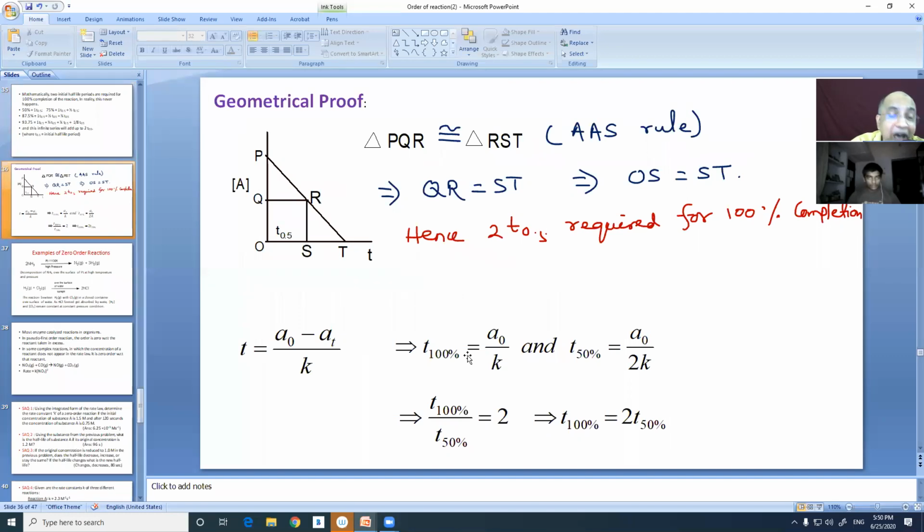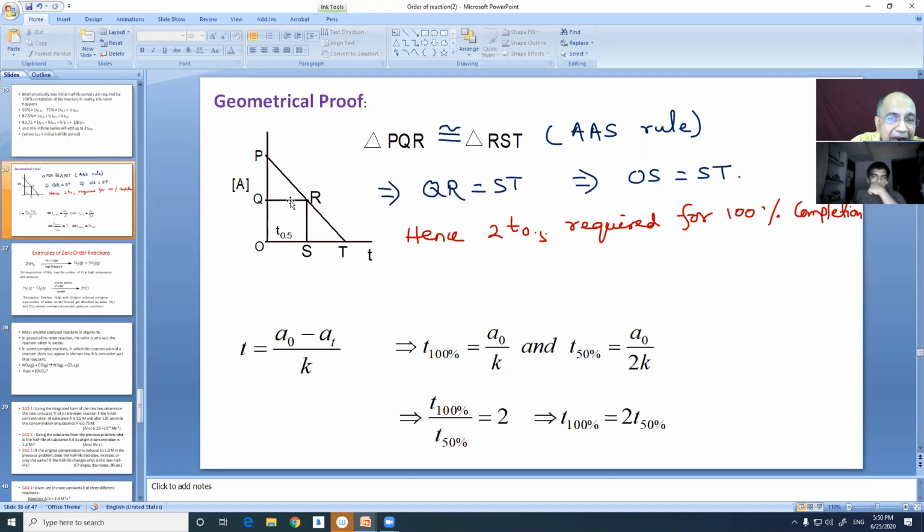Now see how geometrically we can prove that 2 initial half-life periods are required. All of you now look at the diagram. If you make PQR and RST, these are 2 right-angle triangles which are isosceles. The angle-side rule will say that the 2 are congruent.